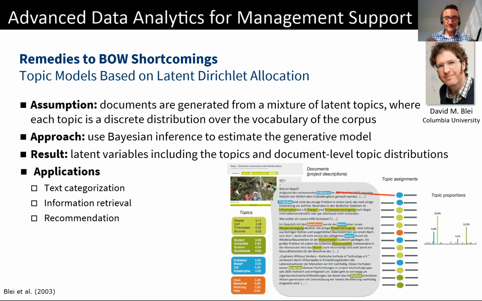So a topic, according to Blei and co-workers, is just a distribution over words. And a document, with words from a fixed vocabulary, is a distribution over topics. So multiple topics exist in a document. That's what this picture is meant to resemble. You see the color coding of certain words in that piece of text. It's written in German.